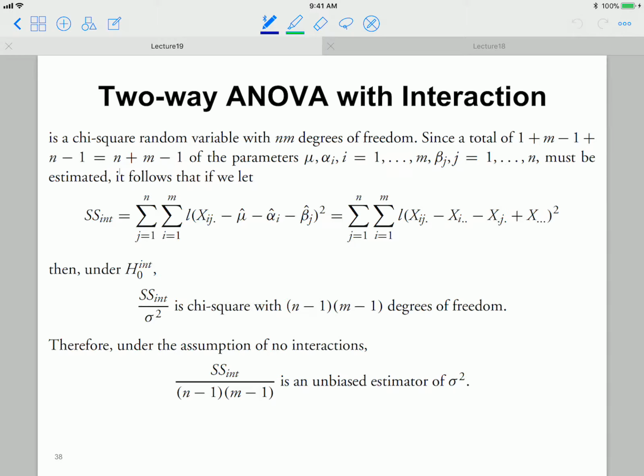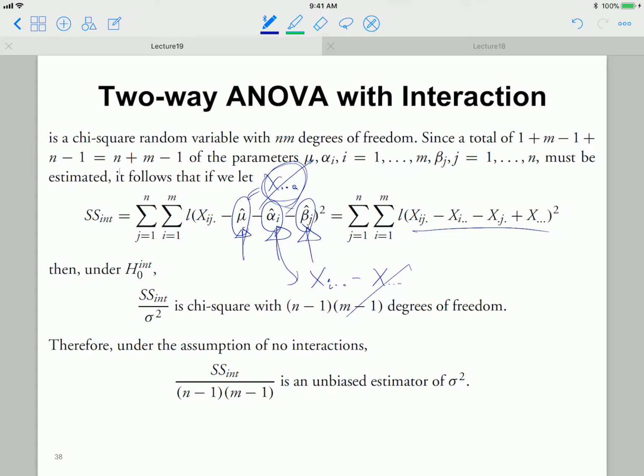In this case, we replace them, and likewise this guy can be represented as x dot dot dot, and this guy you can represent as maybe x i dot dot minus x dot dot dot, right? If you plug these values in, and one of them is cancelled out, this is a similar representation to what we saw.